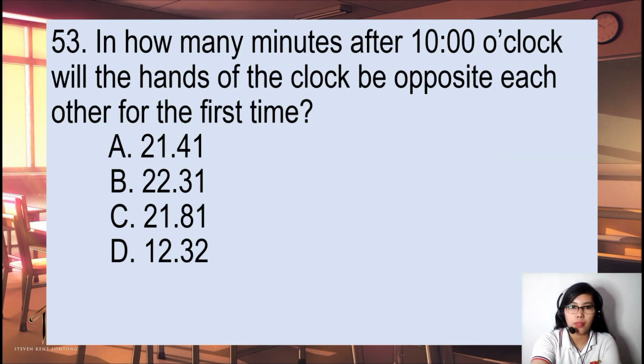Next, in how many minutes after 10 o'clock will the hands of the clock be opposite each other for the first time? What angle is 10 o'clock? 10 o'clock is on the left side of the clock. When you measure this angle, 5 minutes is equivalent to 30 degrees because 15 minutes is 90, so this is actually 60 degrees.